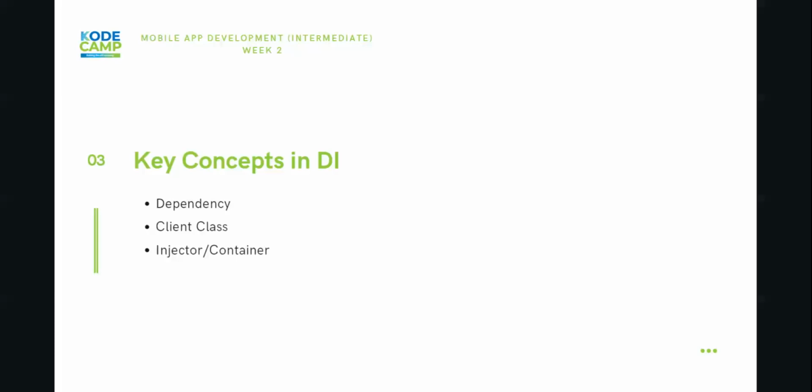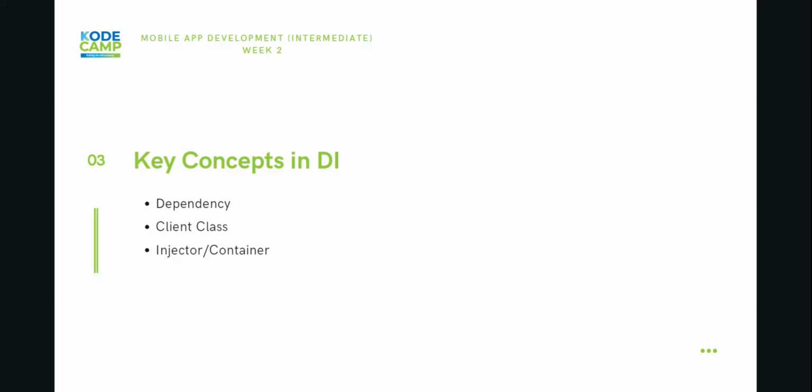Now, the client class is just the class that depends on a particular dependency. So any class that depends on a dependency to function, that's the client class. And then of course the injector, or what we call the container, this is actually responsible for creating and providing the necessary dependencies to the client class.